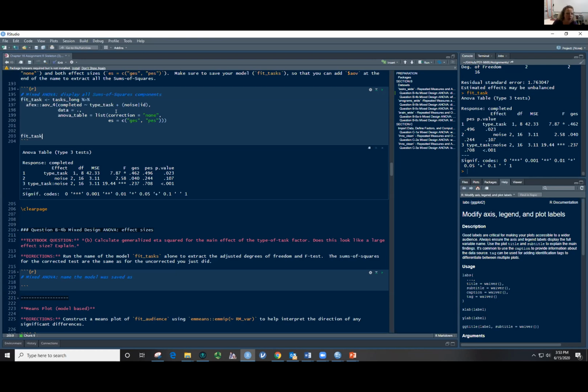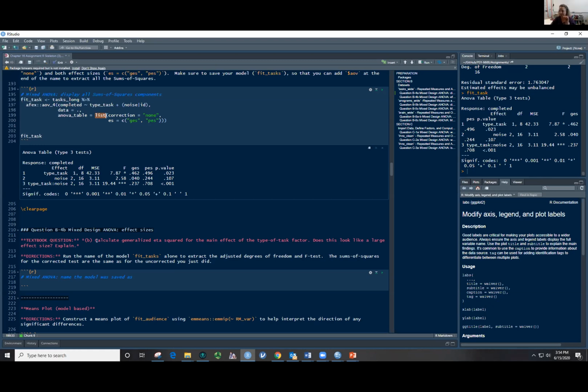Okay, so look for your parentheses. There's a first one before the formula, starting and ending around noise vertical bar ID. And then after the word list, there's an open parenthesis, and then no more on that line. Oh, there's my problem. Now it ran. Okay, perfect.